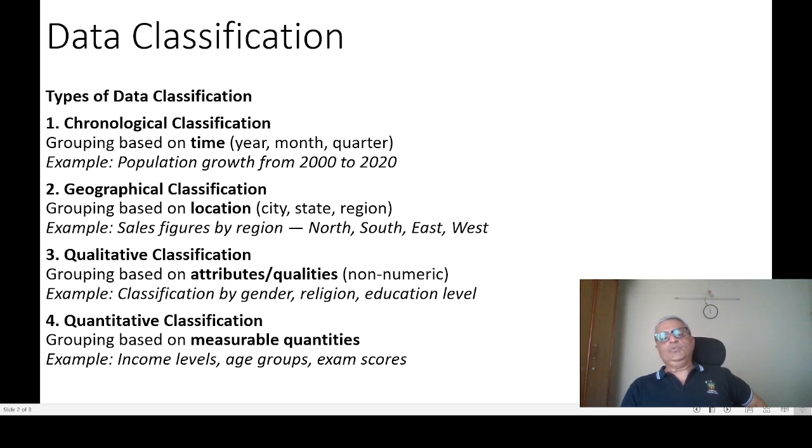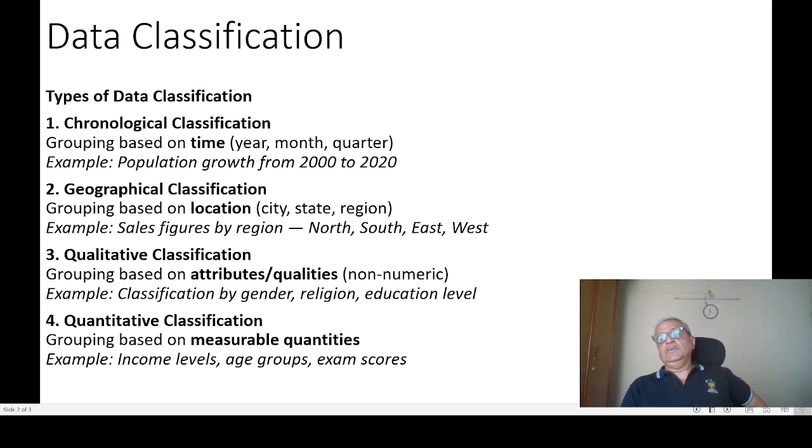Fourth type is quantitative classification, and these are measurable quantities. So obviously this is numeric data. So you can have bands of incomes, right? So 10,000 to 20,000, 20,000 to 30,000, different bands of incomes per month I'm talking about. Different age groups, less than 18, between 18 and 25, 25 and 35, 35 and 45.